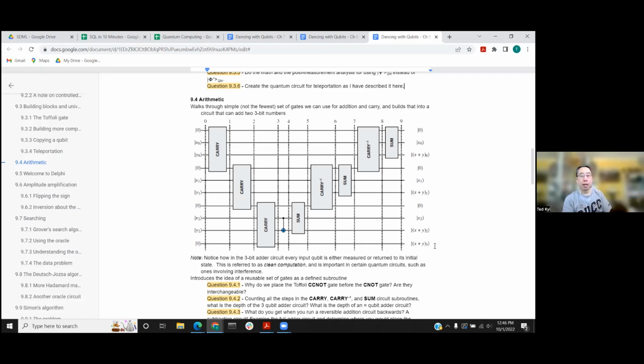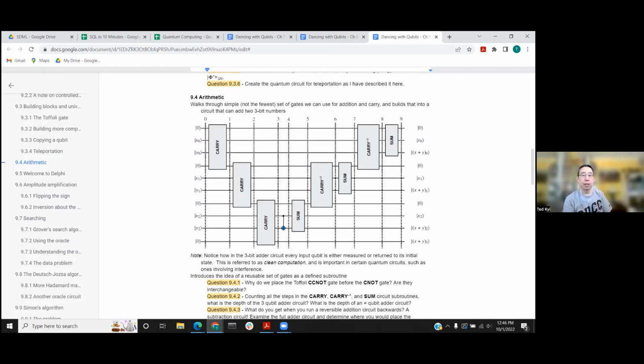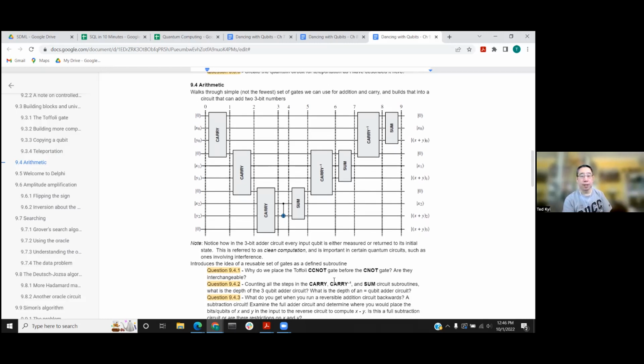One thing that I read elsewhere that's not mentioned in this book is, if you notice in this diagram, there are the outputs that we want, these four qubits for our sum, but everything else other than the sum is returned to its initial state.